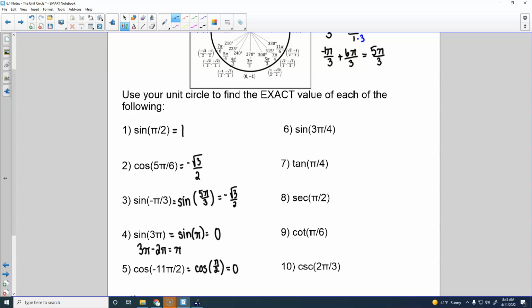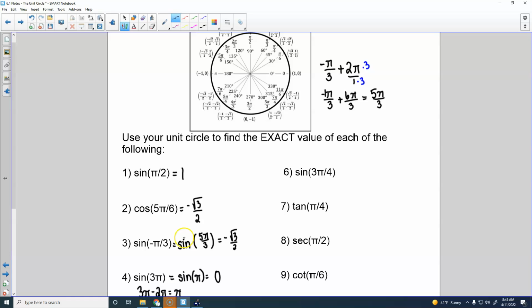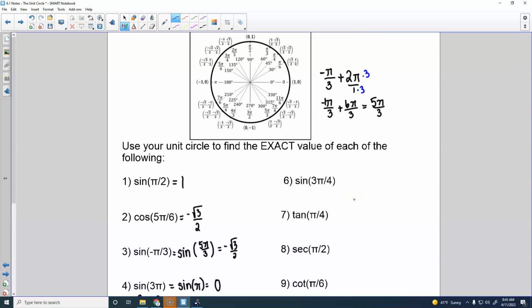Okay, questions? All right, so let's just see how we're doing. Summer, what would sine of 3 pi over 4 be?